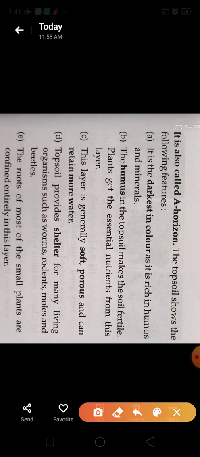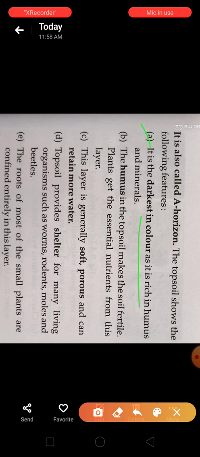You can see on your screen the first feature: it is darkest in color, as it is rich in humus and minerals. Okay, more minerals are found in the A horizon, and also humus, that is a dark amorphous substance that can increase the fertility of soil.